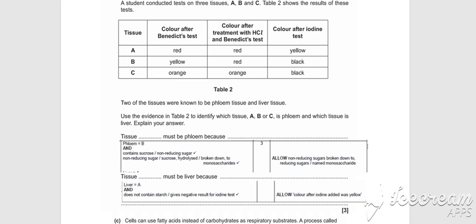happening. We're seeing that there is a non-reducing sugar present in B because we are getting a red colour once we have done the treatment with hydrochloric acid and the Benedict's test. So we're seeing that it's been broken down to a monosaccharide.